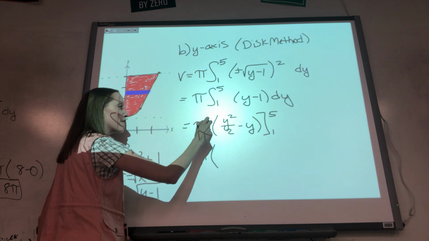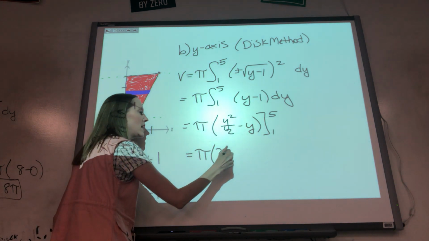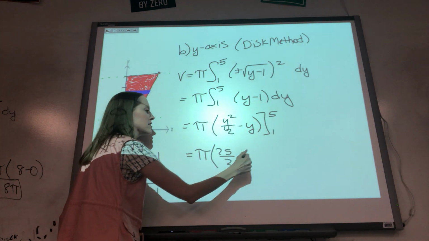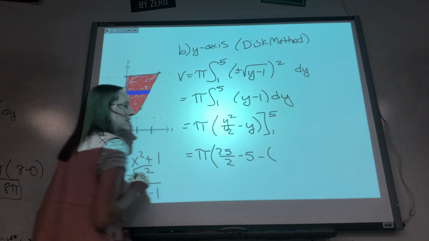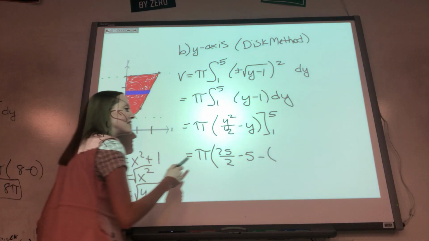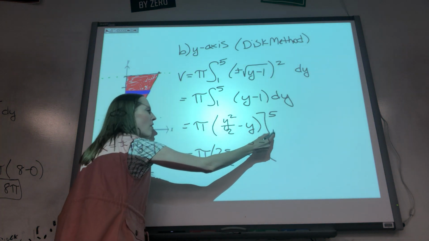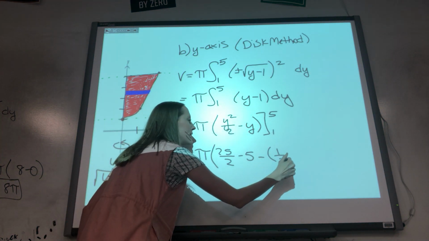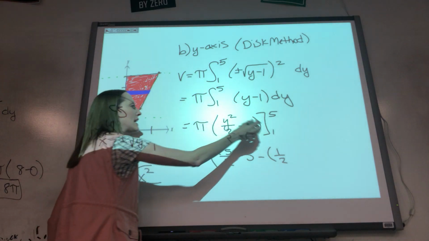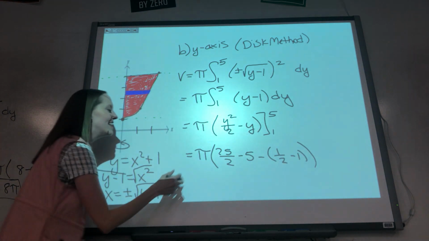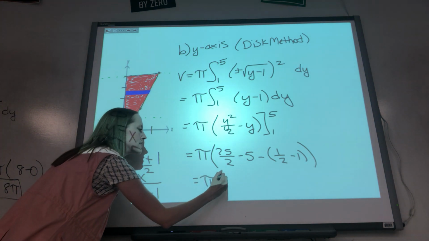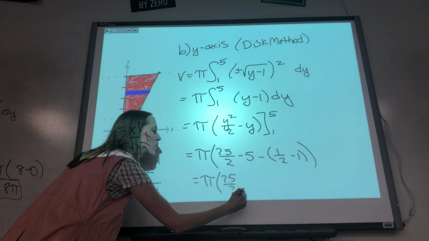Plug in the 5 first. This will be 25 halves minus 5 minus, here I go again with parentheses in parentheses, plug in the 1, I'll be subtracting the quantity 1/2 minus 1. So maybe I'll just distribute the minus sign real quick.